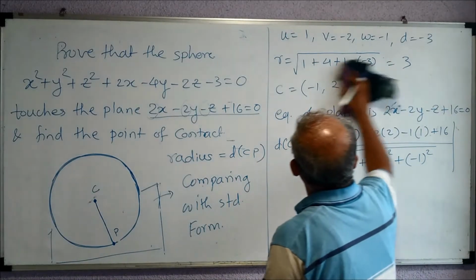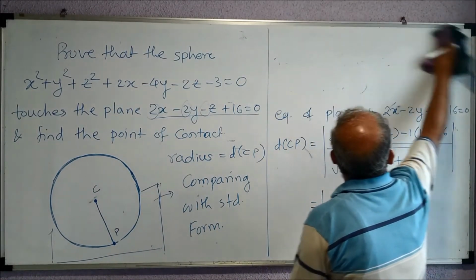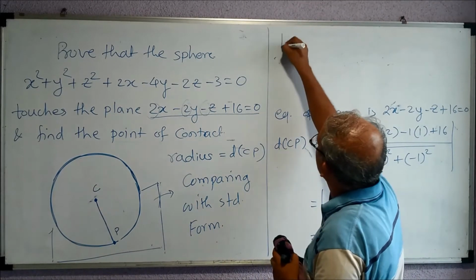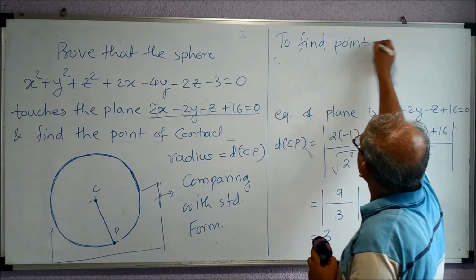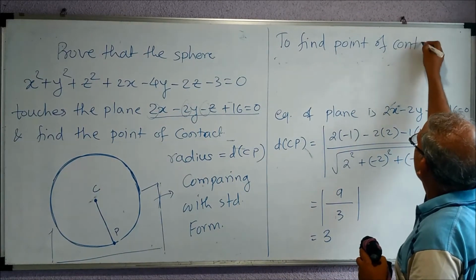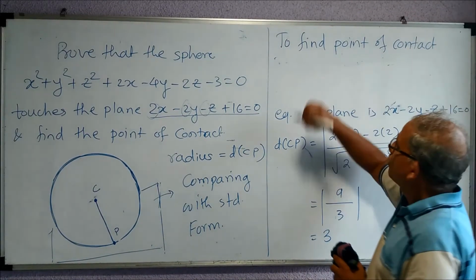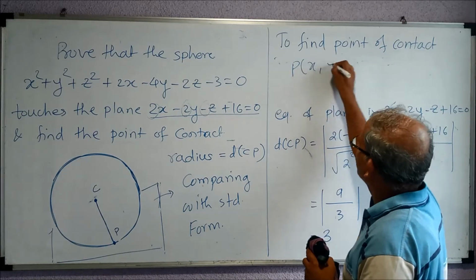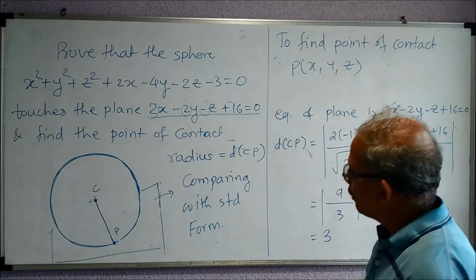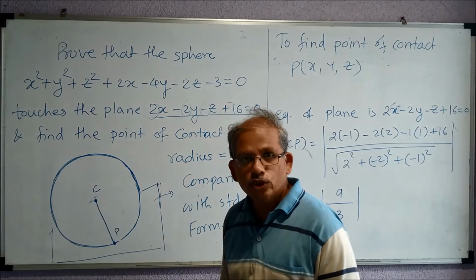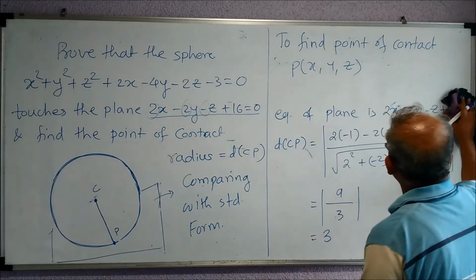So now let us find the point of contact. P, say x, y, z. So we need to find out this point of contact, right? Can we find out the equation of this line Cp? Yes, sure.